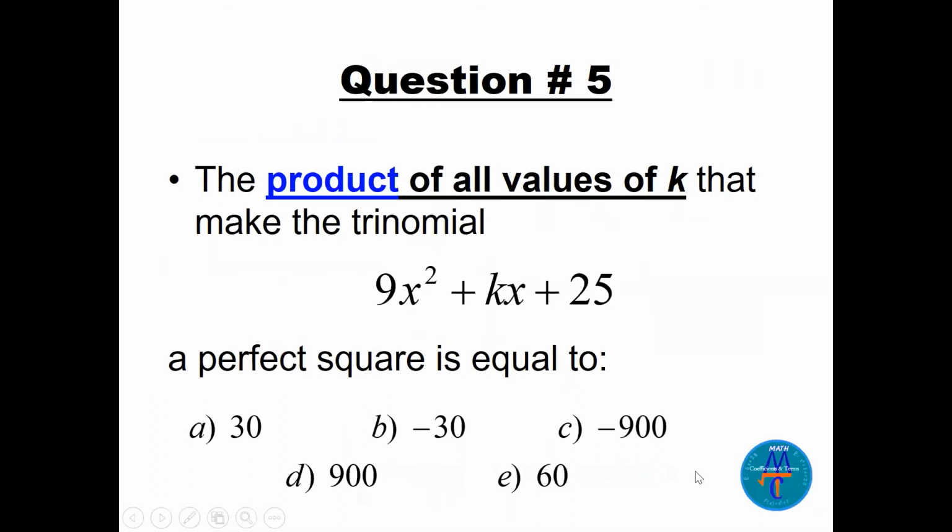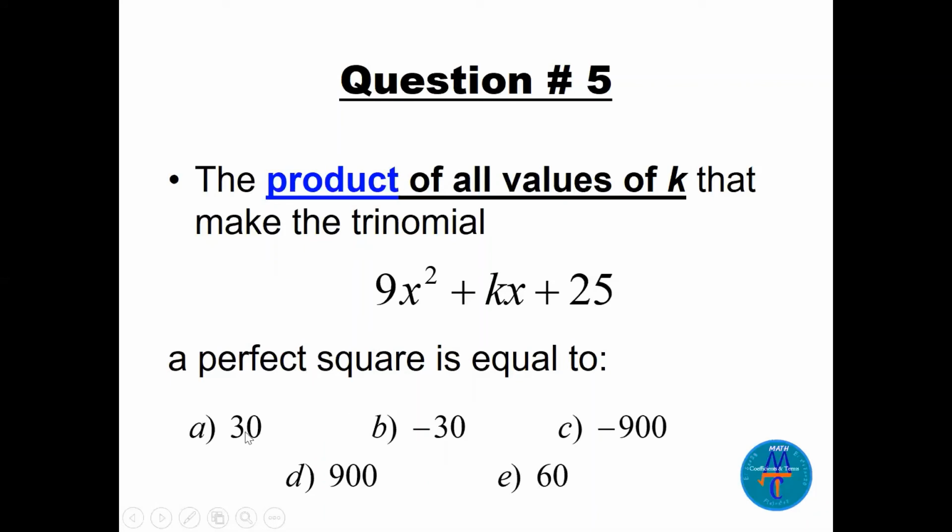Now, question number 5. Find the product of all values of k that make the trinomial, this is a trinomial here, 9x squared plus kx plus 25, a perfect square.